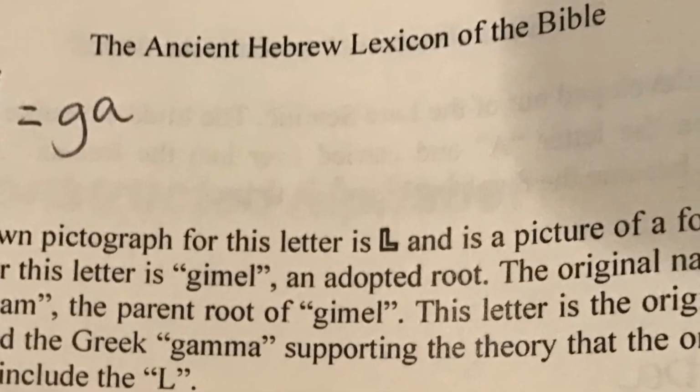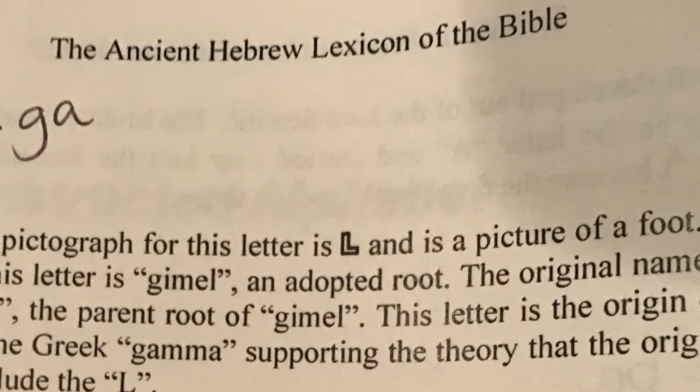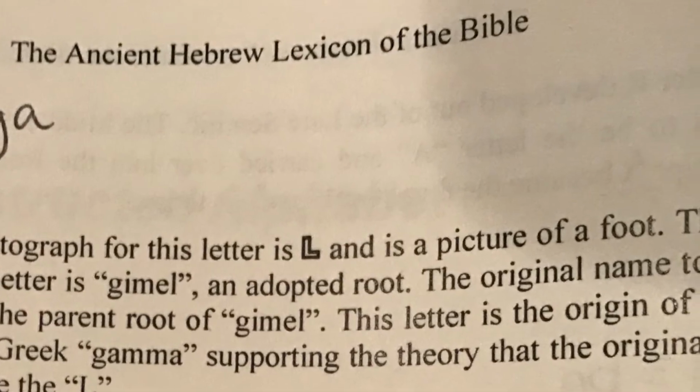The modern Hebrew name for this letter is Gimel, but the proper name is Gamal: Ga, Ma, and La.